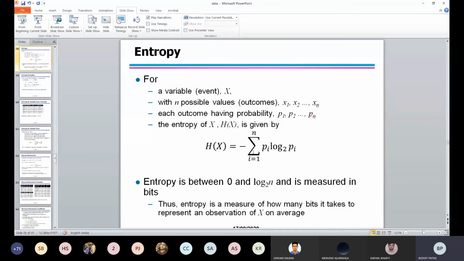So the entropy value, the least value will be 0 and the highest value will be log n. Okay, I stop at this point. In the next class, we will start from entropy.